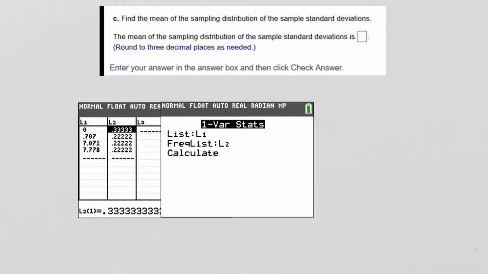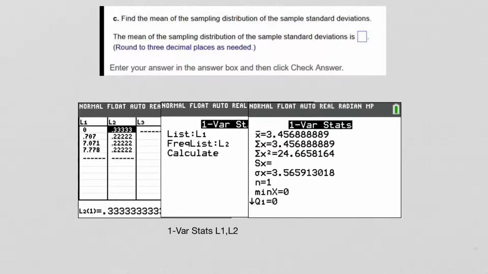And if you don't, then when you're typing it in, just type in 1 var stats L1, comma L2. All right, so now that I've got that in, I run my one variable statistics.